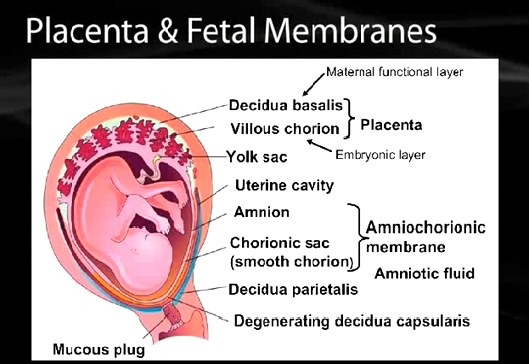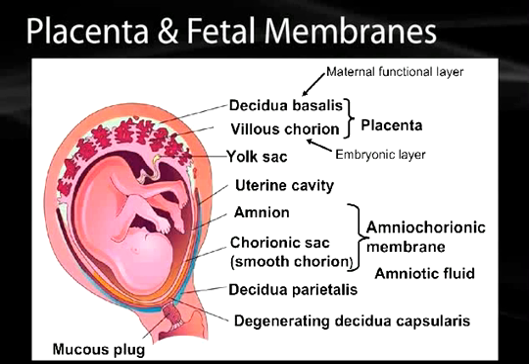You can see a small secondary yolk sac, and the uterine cavity is starting to become obliterated as the fetus grows and the membranes that are surrounding it push against the walls of the uterus. The amniotic membranes are formed by the amnion and the chorionic sac, which is actually the smooth chorion.